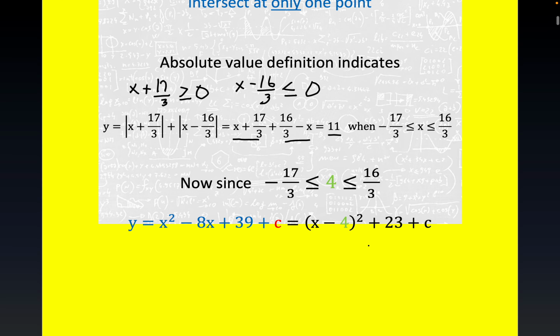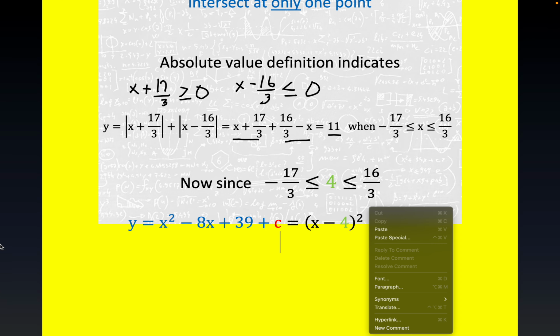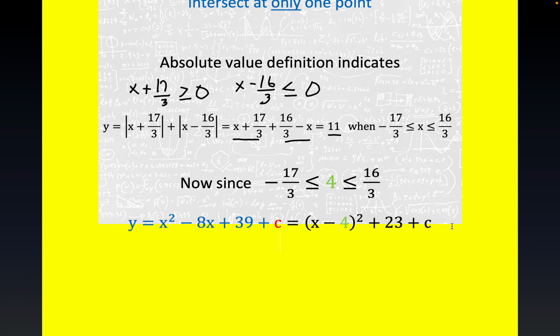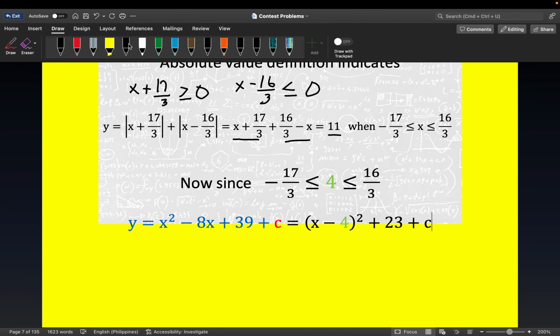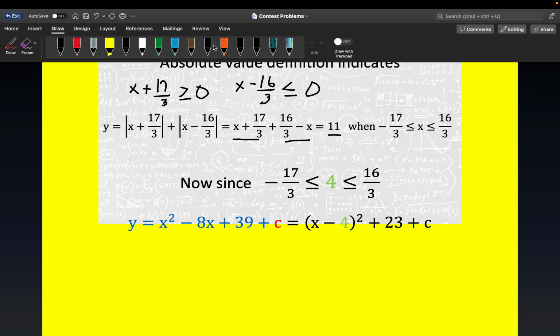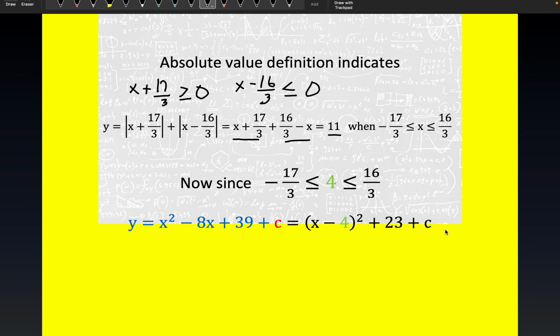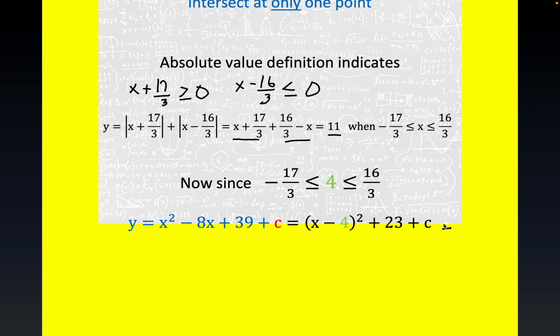So that means we can just set this part right here equal to 11. The marker goes out on me so much. Okay, so we can just set this equal to 11. And then what happens here, folks?